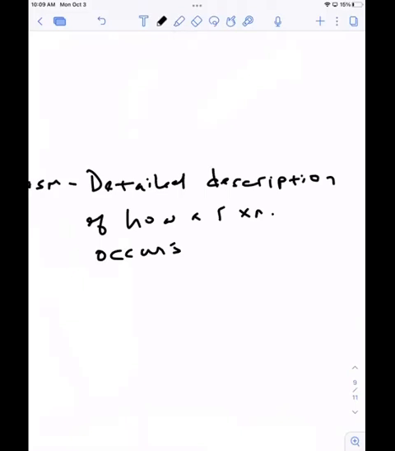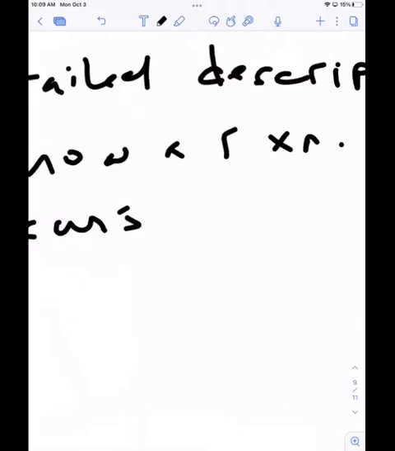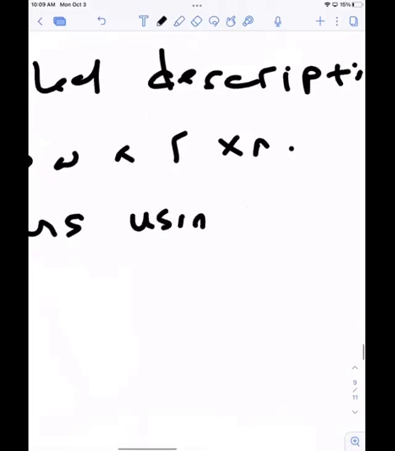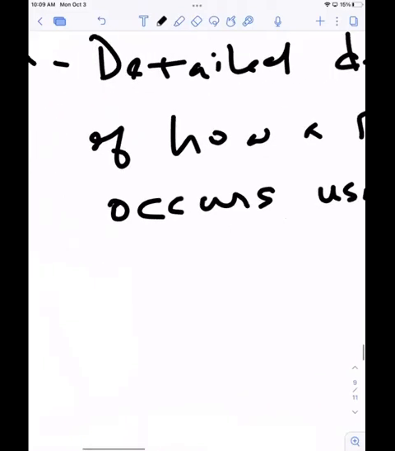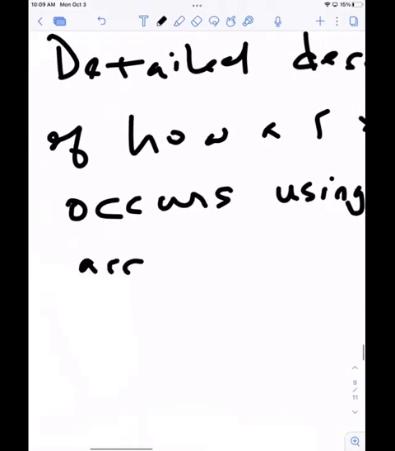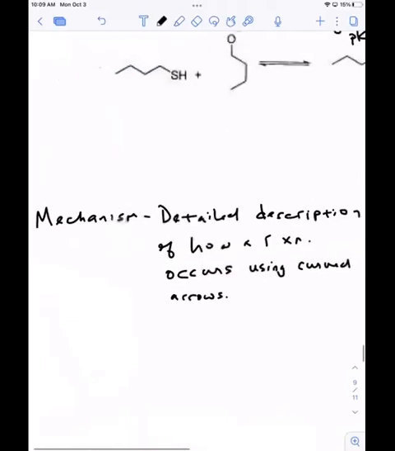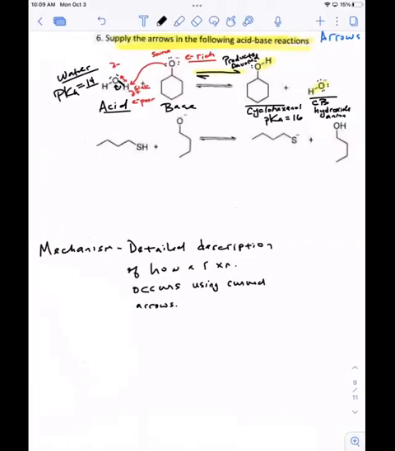But you don't use words, you use curved arrows. So in organic, when you hear the term mechanism, that's what it's talking about. It's talking about showing how you got from point A to point B using arrows only, right?